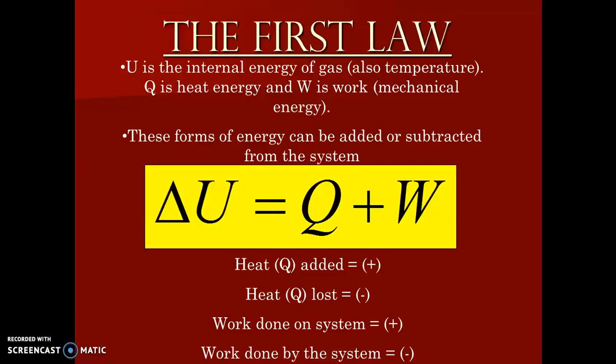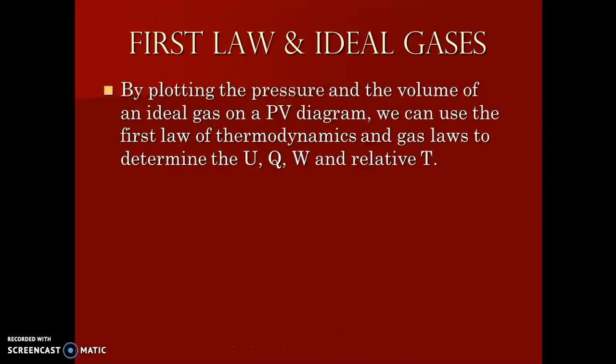So if we have a gas trapped in some container and it expands that container, some force is being applied to the walls of that container and moving them some distance. That is equivalent to work. So the gas is actually doing work on its surroundings, and that would be a form of energy going from the internal energy of the gas to outside of the system, to the walls of the container.